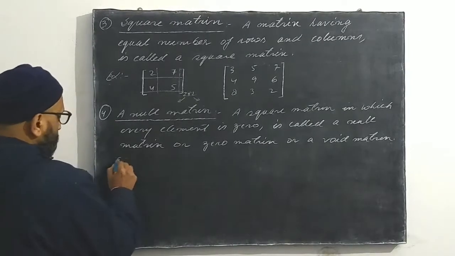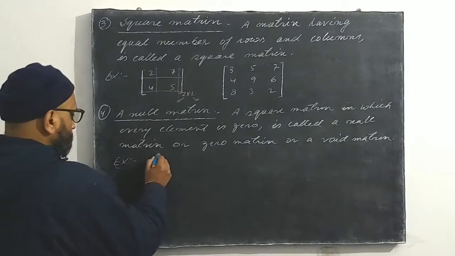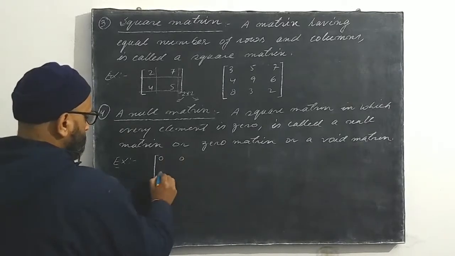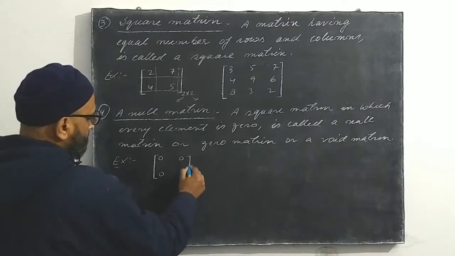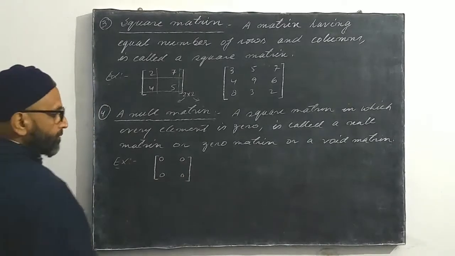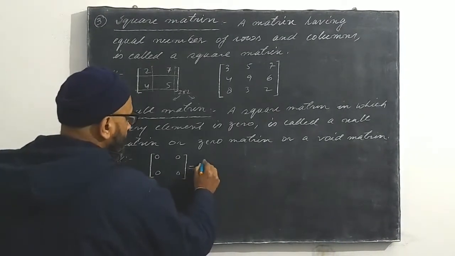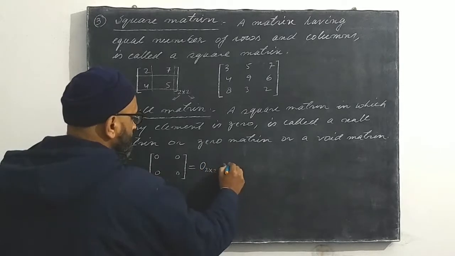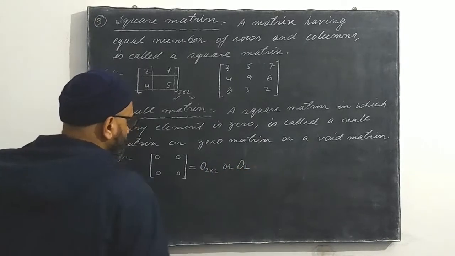So, for example, matrix 0, 0, 0, 0 is a null matrix of order 2 by 2, which is generally denoted by O 2 by 2 or simply O2.